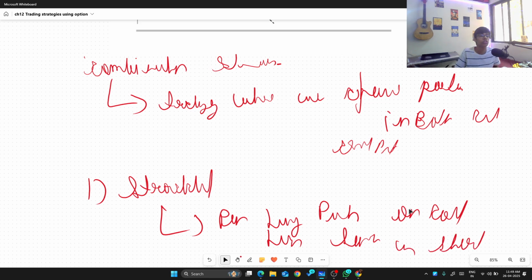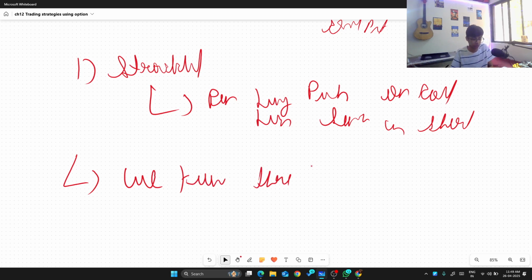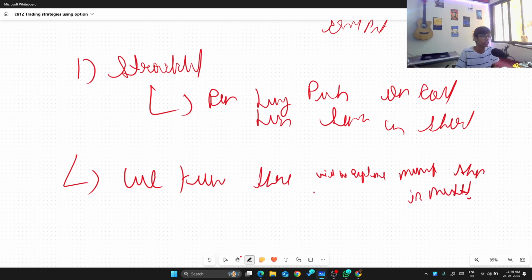So it is done when we know there will be an extreme movement in the market, but we don't know on which side, whether it will go down or up. So that is a straddle, and its payoff diagram would be like this.